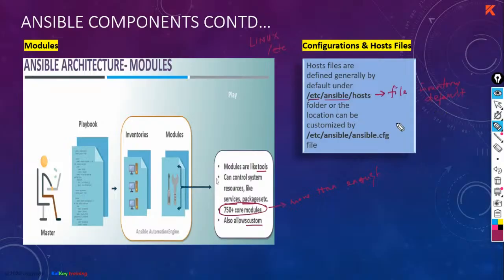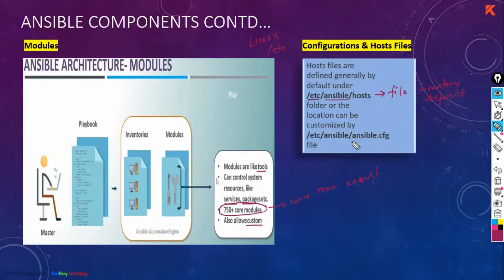Now, generally I will not prefer to use the hosts file, which is the default inventory file, because I want to customize my file. Whenever you name it something else and keep it in a particular folder of your project, then you need to give any name other than hosts, and then mention what your file name is.